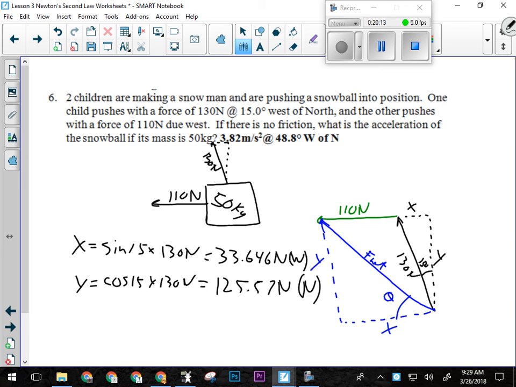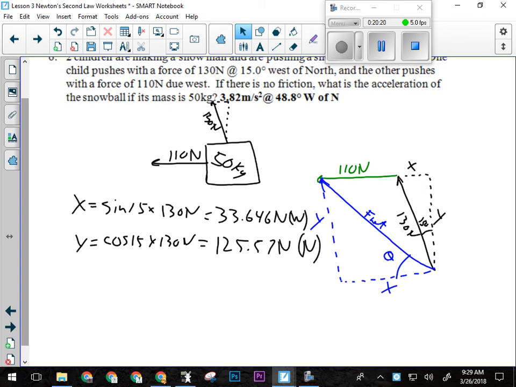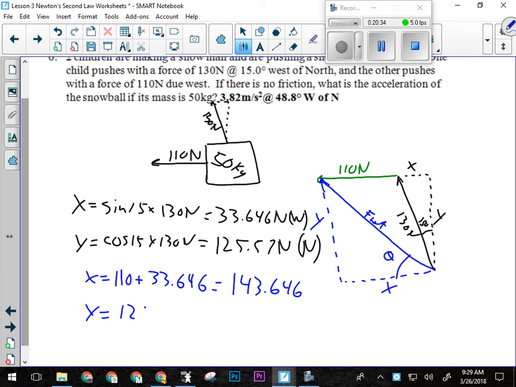For the green line, I only have a west one, only an x component. Now to calculate blue x, I'm just going to add the two x's together. Blue x will be 110 plus 33.646 because they were both west, so 143.646. And blue y is 125.57, because it's the only one.